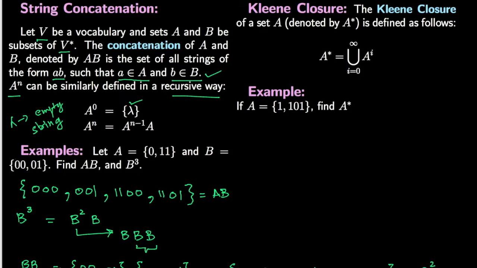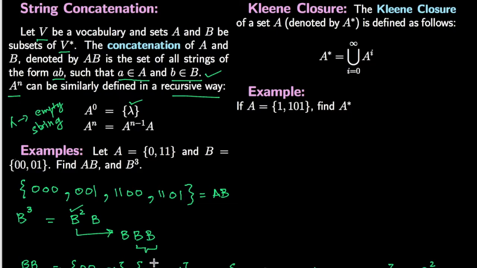Now B to the 3. Now I have to do this with this, or I can do this with this, right? Because the definition says B to the 2 times B. So this one should come first and then this should come second. So this is 0000 and 00, then 0000 and 01.